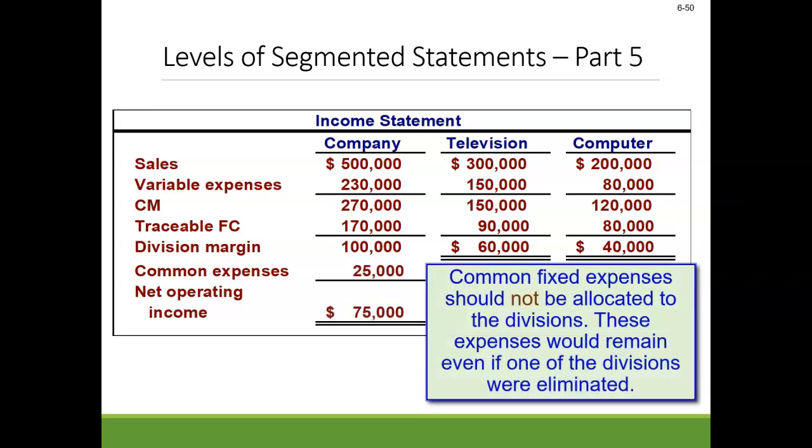The company as a whole is going to have some common expenses that the separate divisions don't necessarily have to add. So even though in this case the television division is bringing in 60 and the computer division is bringing in 40, they're not necessarily taking into account all the costs because those costs are for the whole anyway. So you see here, this purpose here is to come up with the division margins for each of the different segments.